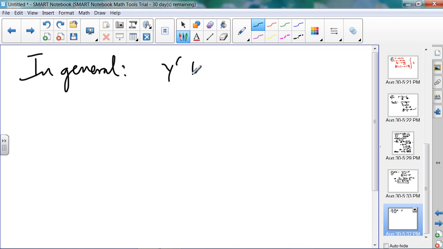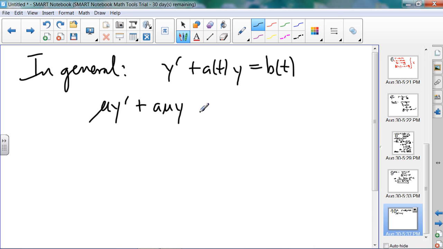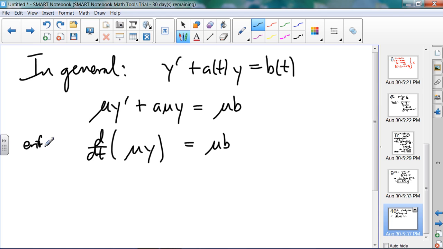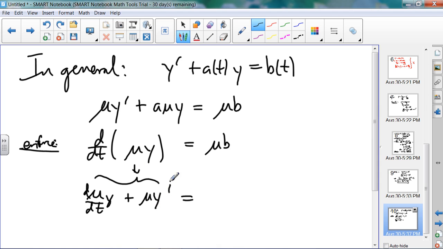So in general, for a general first order non-homogeneous equation, if we were to do the same exact technique and multiply through by mu, and then enforce that the left-hand side be d by dt of mu times y, then if we work this out just like we did before with the product rule, so that's this derivative, and then set that equal to this left-hand side, and we compare both sides.